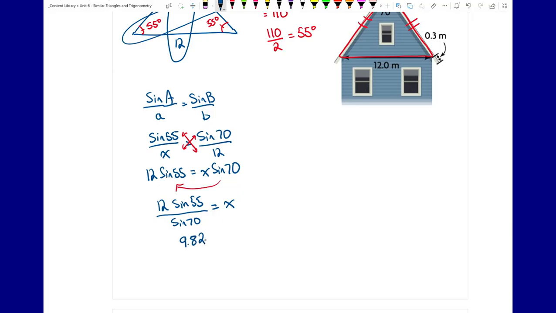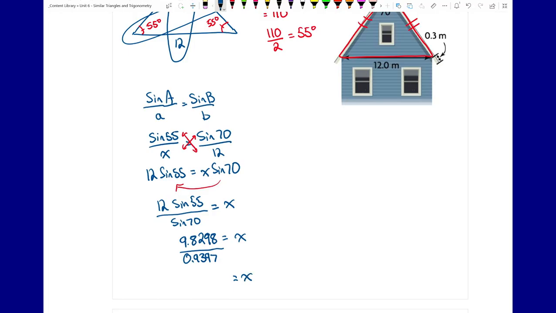9.8, just one more extra decimal place here, divided by sine of 70, which is 0.9397, equals x.